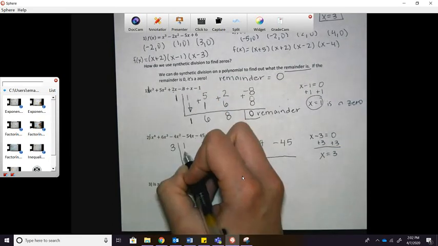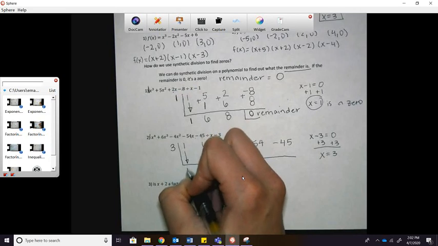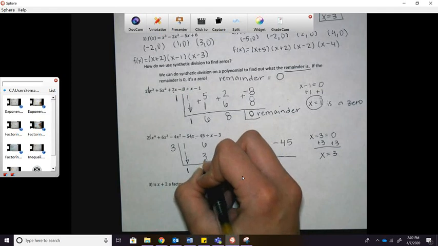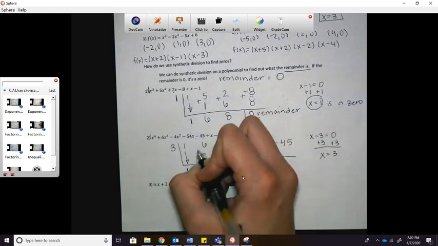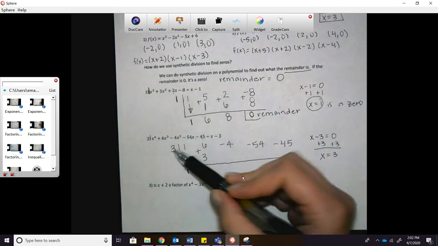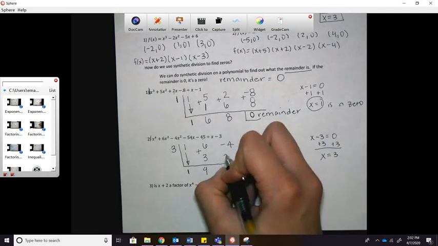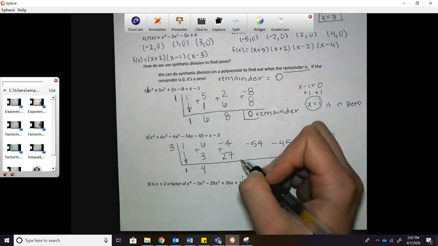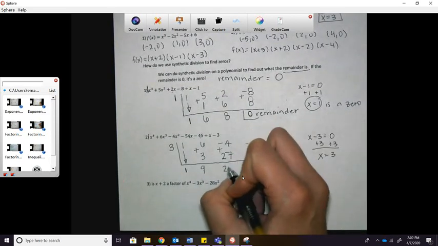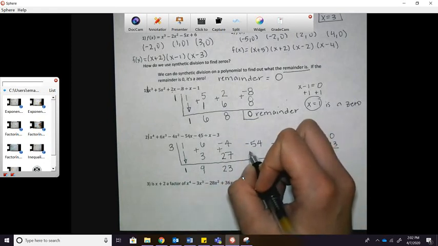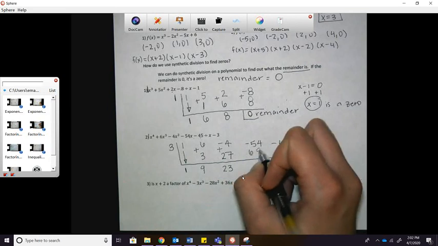I'm going to carry down my 1. I'm going to multiply, so 3 times 1 is 3. All right. Going to add 6 plus 3 to get 9. Going to multiply, 27. Going to add these two together, so that would be 23. I'm going to multiply. That's going to be, let's see, 69 here.